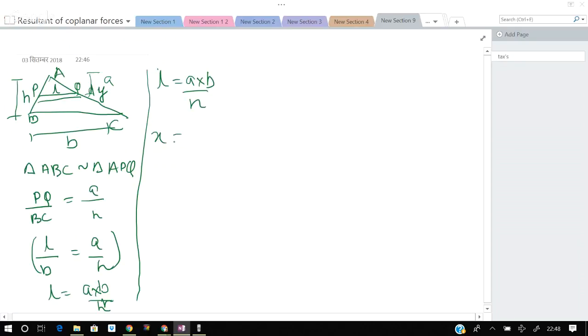So we know that x bar is equal to integral of Ai into xi upon integral of area. And y bar will be equal to the same part.